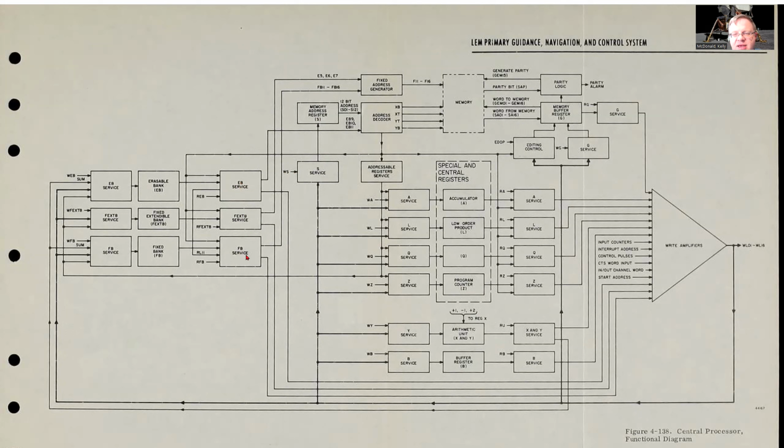They've got a fixed bank service, and then a fixed extended bank service, because they continued to add more and more fixed memory to store larger programs as they progressed. But all of this is for driving memory addresses and how we access the right memory. We'll look at that later. The focus right now is going to be more on these central registers and how they work.